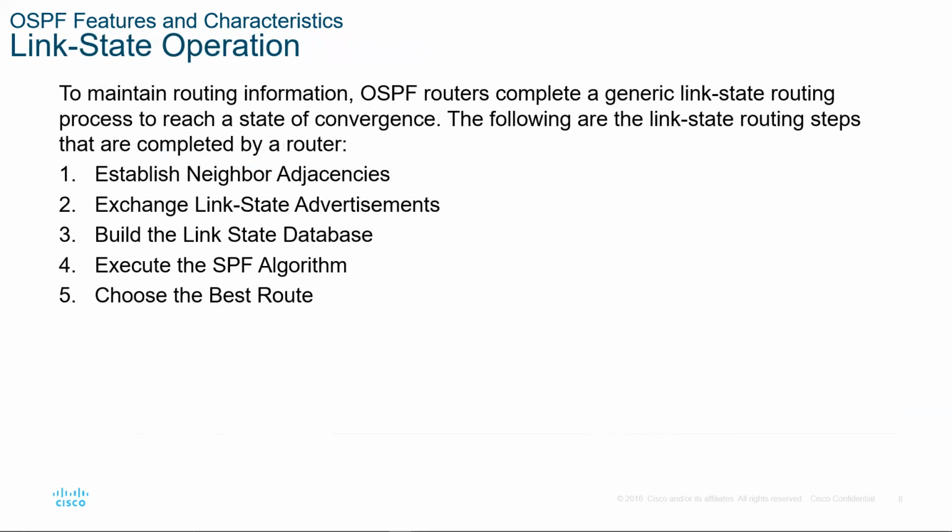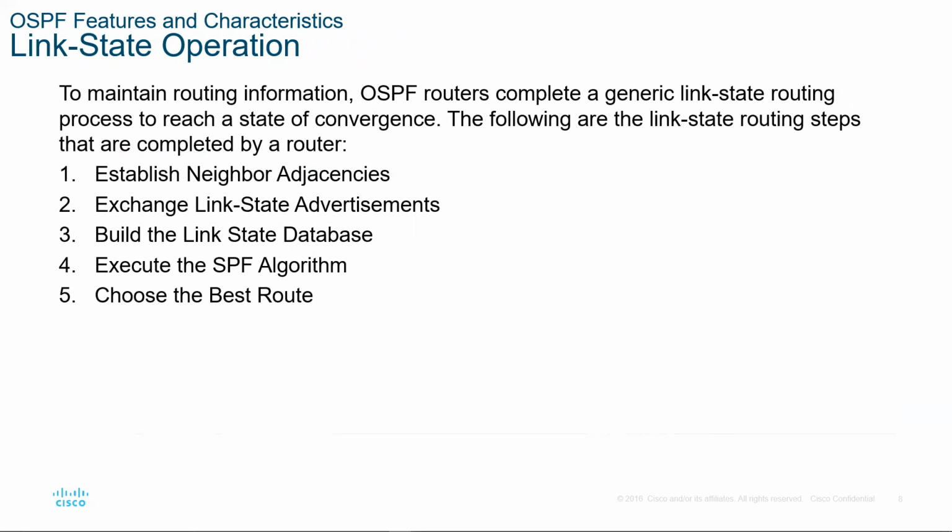So to gain this overview of the topology, the network needs to converge. Now, convergence is where all the routers have the same information, and they do this by establishing their adjacencies.